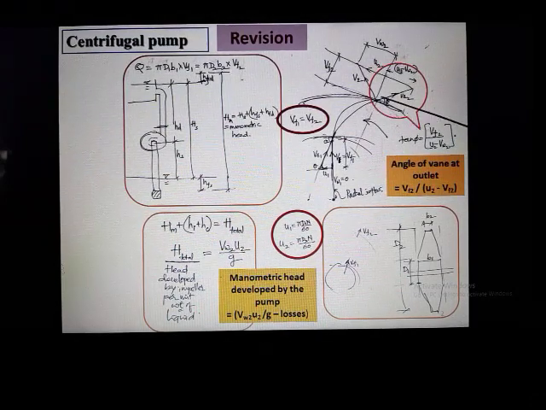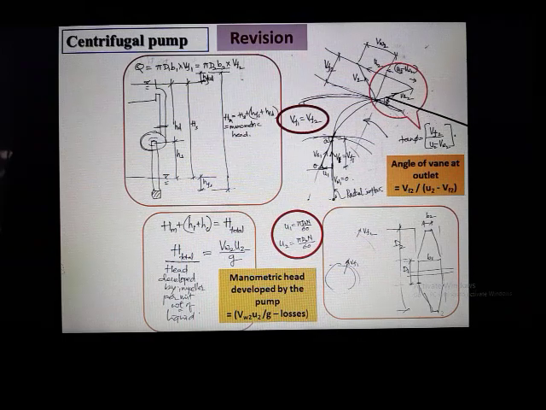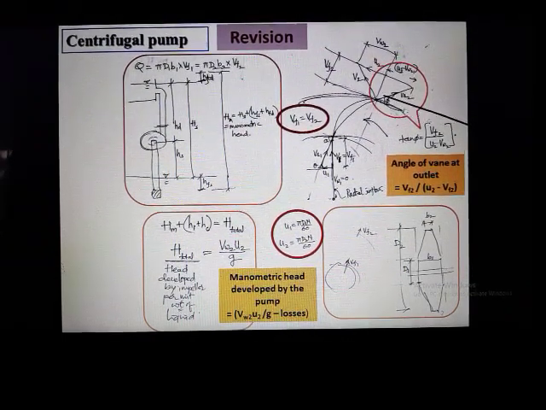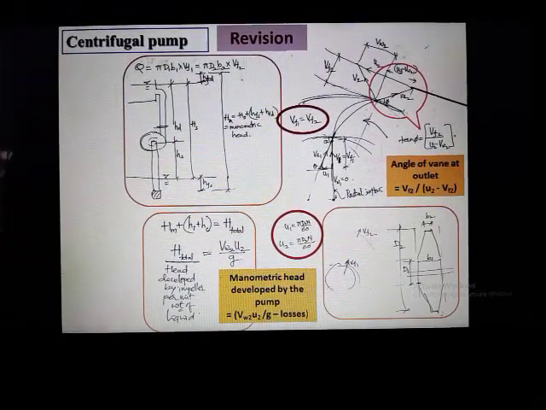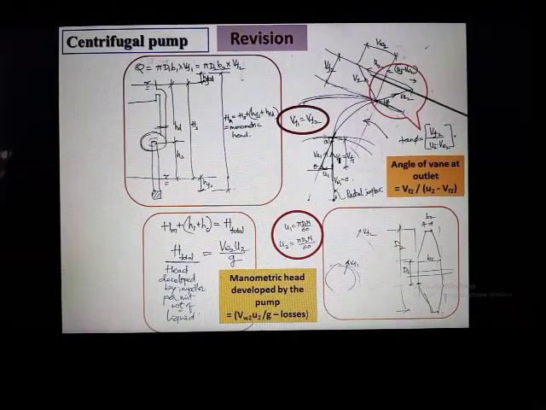Then as you come here, outlet velocity triangle, in line with the vane, what goes out is relative velocity. The angle made by the vane will be represented by phi as usual. So Vr2, if you add U2, what you will be getting is absolute velocity of the jet V2.